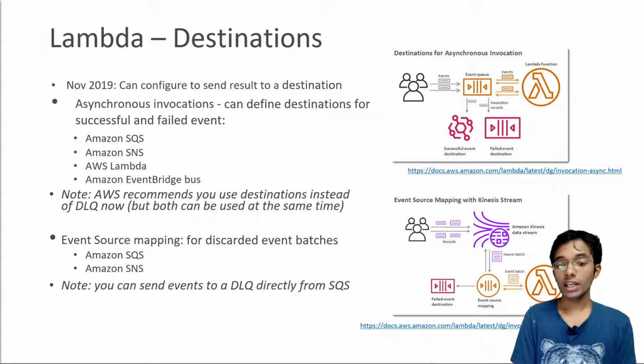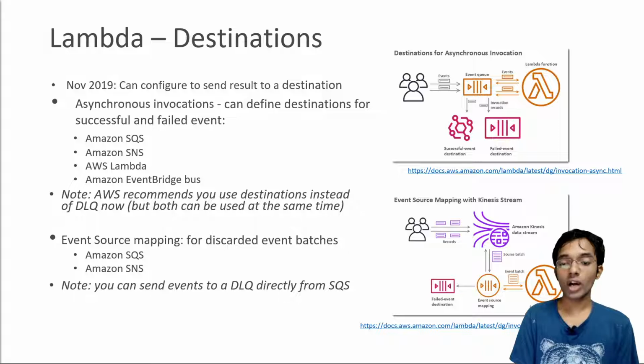So the Lambda function will process events from the event queue asynchronously, and if it returns something successful, we can define a successful destination, for example again SQS, SNS, Lambda, and so on. Or if we have failed records, we can also send these records to a failed events destination.